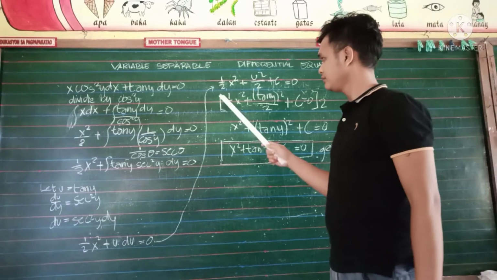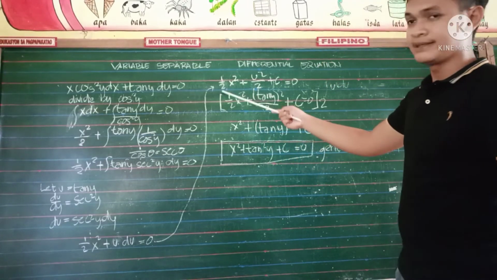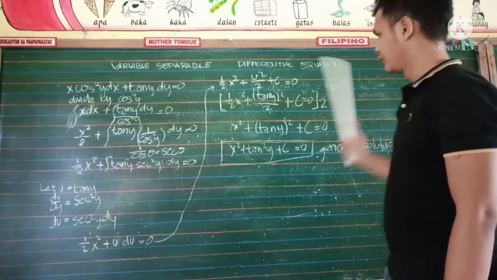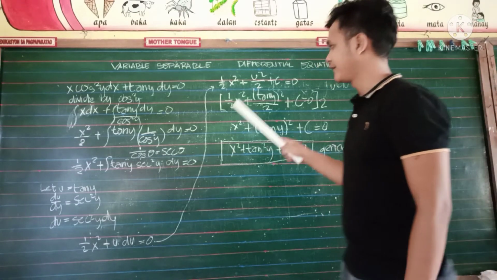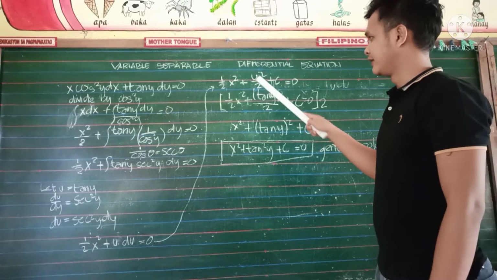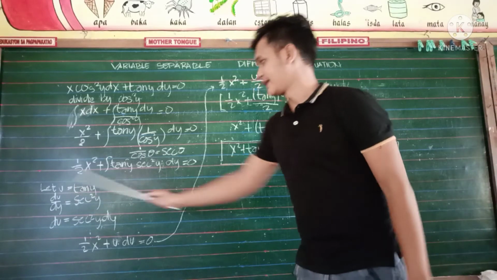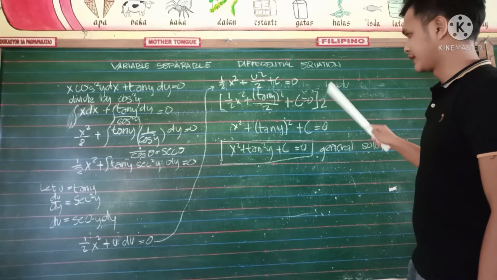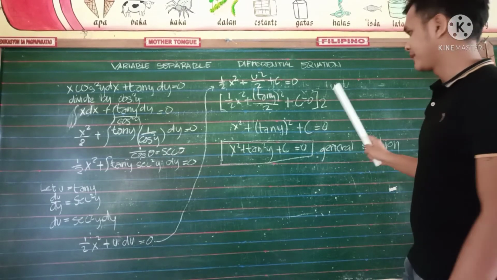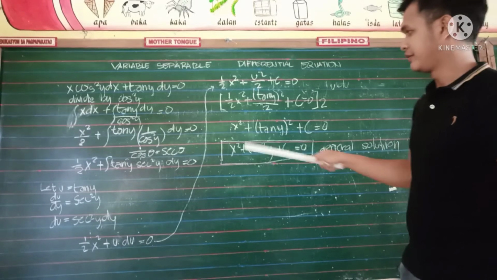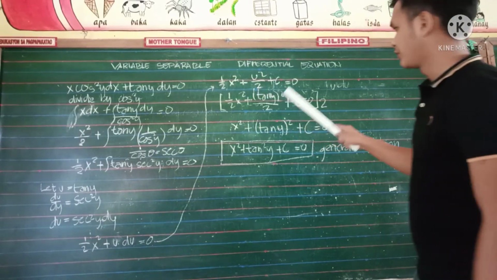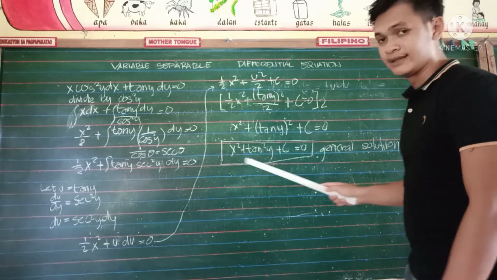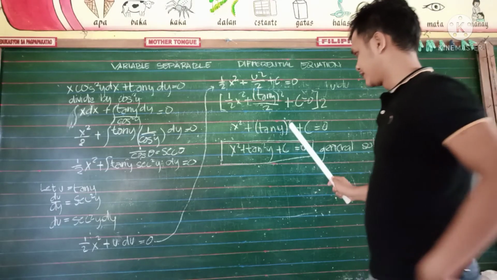Then we eliminate the 1/2 by multiplying by 2 on both sides. 1/2 x squared plus u, which is tangent y squared over 2, plus c is equal to 0. 1/2 multiplied by 2, the remaining is x squared, plus tangent y squared divided by 2 multiplied by 2 is cancelled, and the remaining is tangent of y squared.